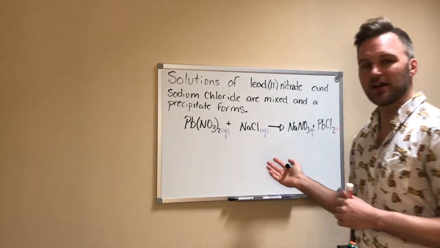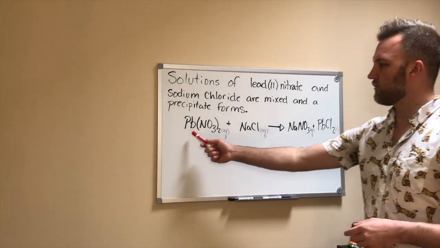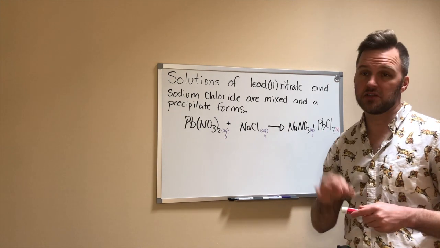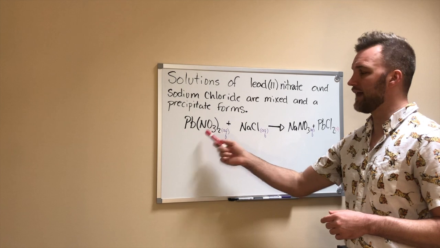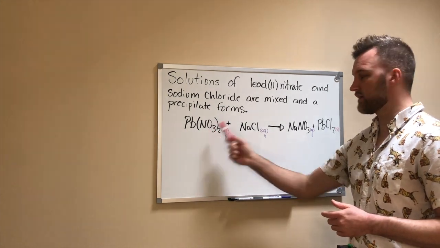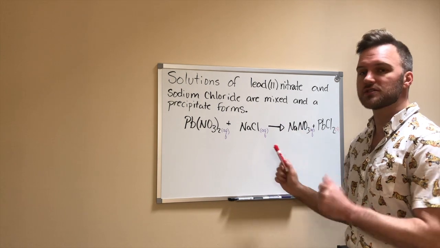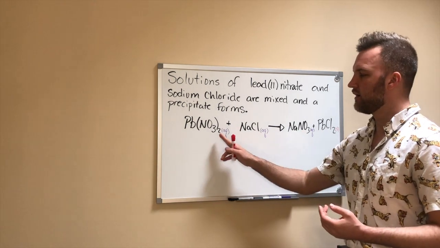So now we have our skeleton equation. Let's balance it. I see I have one lead on the reactant side, one lead on the product side. The lead is okay for now. I have 2 nitrate. Now let's check, did the nitrate get broken apart by the reaction? No, it did not. So we can treat it as an entity and make our lives a lot easier for balancing.